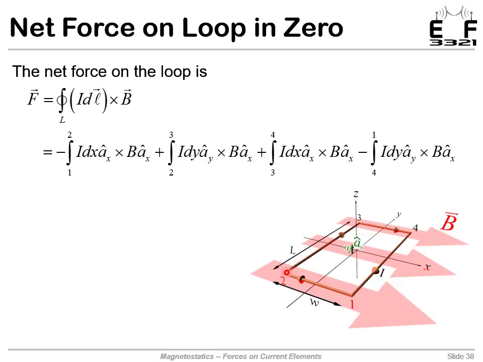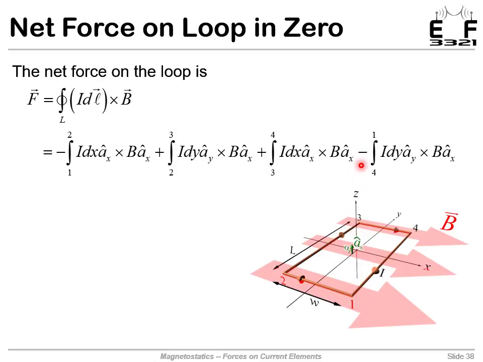Okay, now we're integrating from 2 to 3. That is in the positive y direction. So positive, and then a dy and ay because we're integrating in the y direction. Then from 3 to 4, that is in the positive x direction. So positive, and then a dx ax. And then last, from 4 to 1, that's the negative y direction.